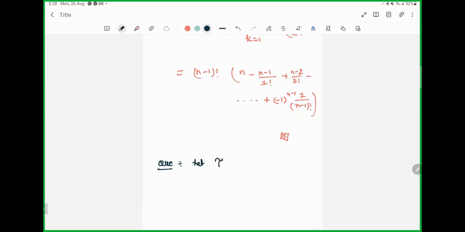Let F be the set of all functions from this 11 cardinality set to 0, 1. Let's consider the Poset.